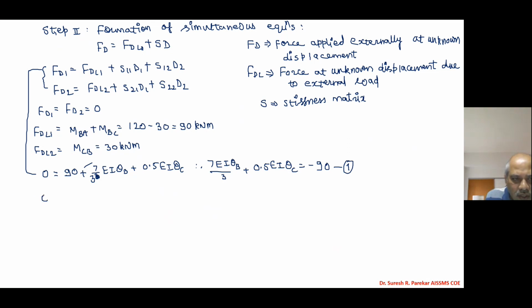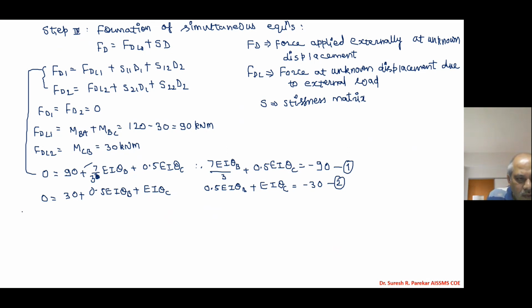Then the second: 0 equals 30 plus 0.5 EI theta B plus EI theta C. So we get 0.5 EI theta B plus EI theta C equals minus 30, equation 2. This was step 4.